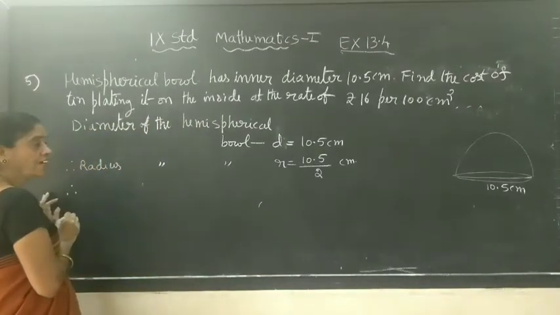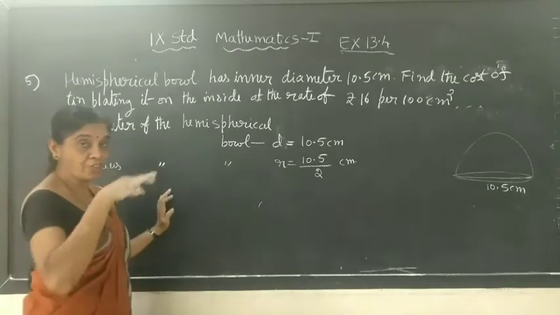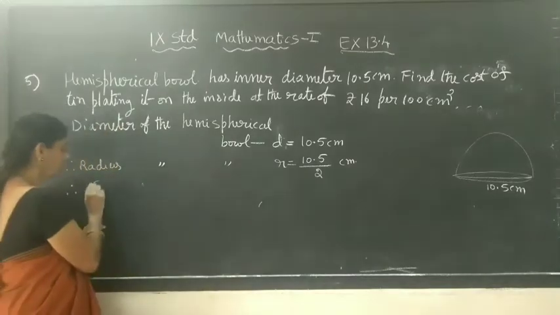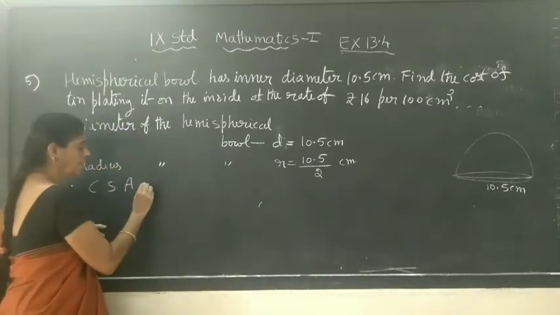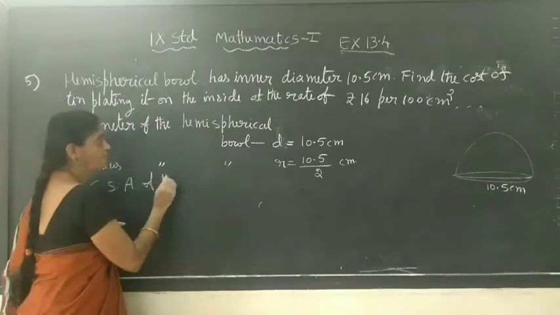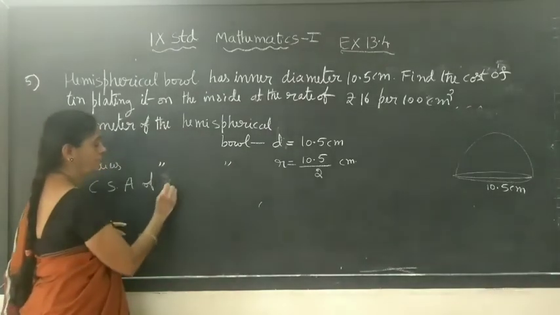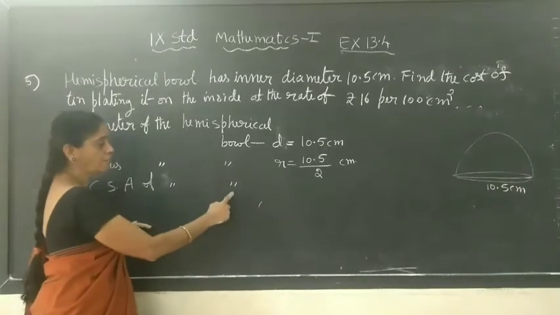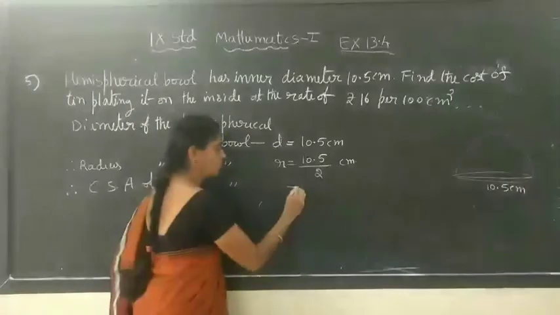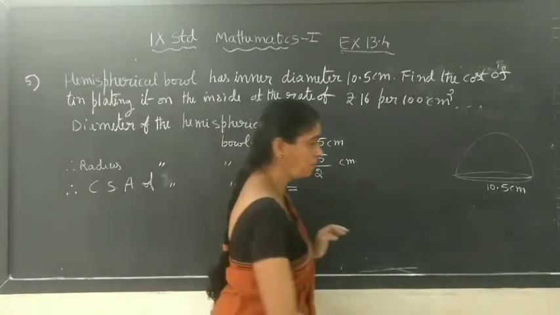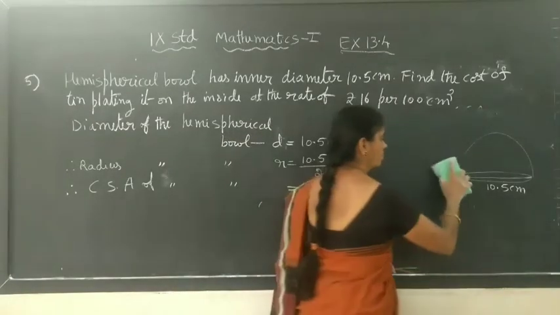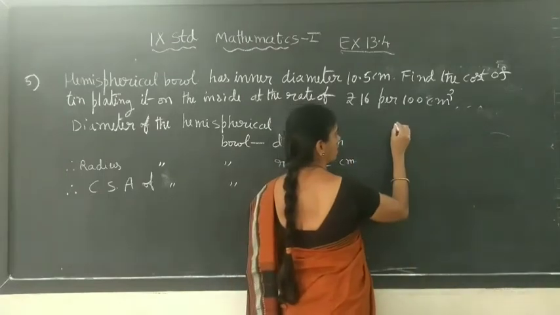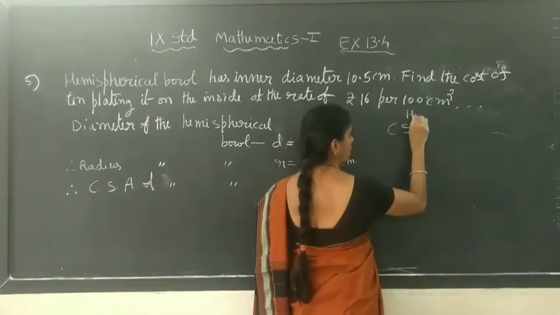Therefore, we have to tin plate the inside, so it is the curved surface. So curved surface area of the hemispherical bowl is equal to, now which formula we have to use for hemispherical bowl?